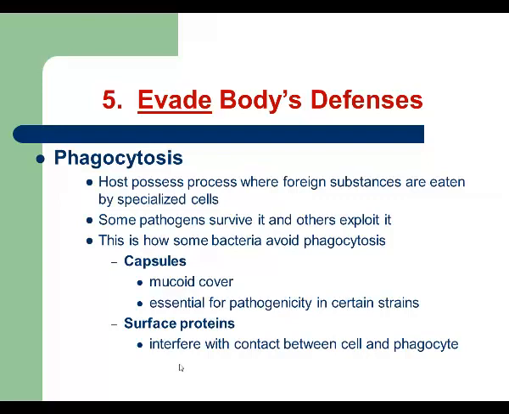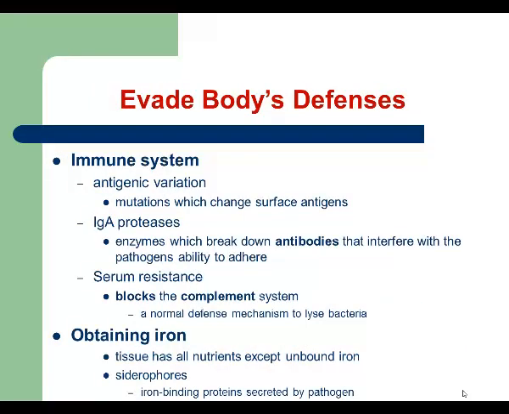It doesn't allow phagocytes to attach to the surface of that bacterium. So phagocytosis is a part of the second line of our immune system. And microorganisms that survive phagocytes are then confronted by our third line of defense. The third line of defense, if you remember from anatomy class, produces antibodies against pathogens.